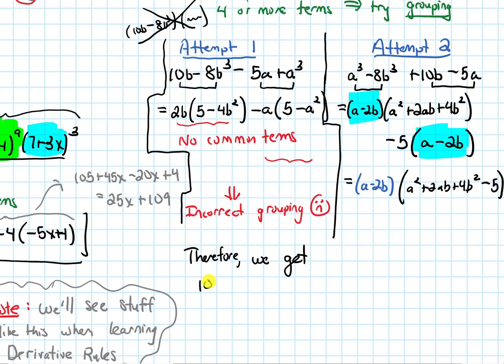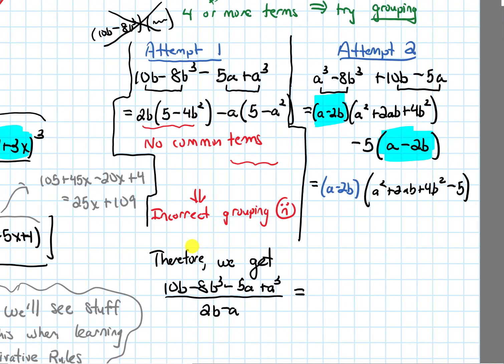When I write it out, we have 10b minus 8b cubed minus 5a plus a cubed, that whole thing over the denominator, which was 2b minus a. Now I know how the numerator factors. It factors as a minus 2b times the a squared plus 2ab plus 4b squared minus 5.